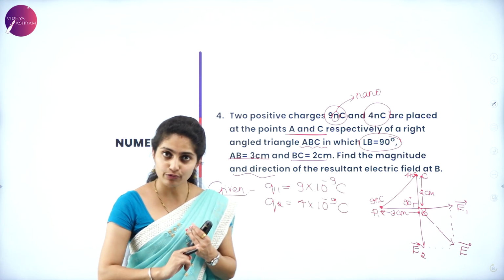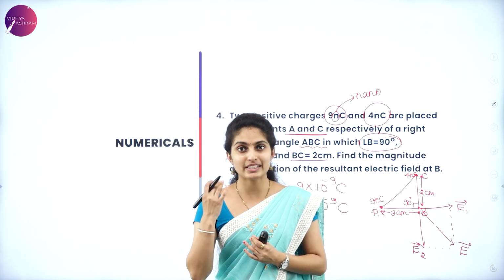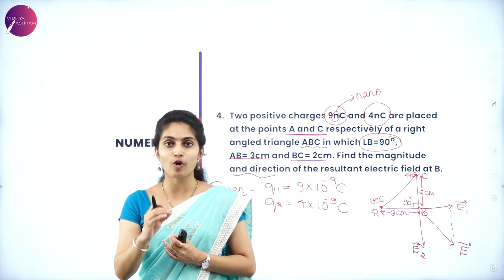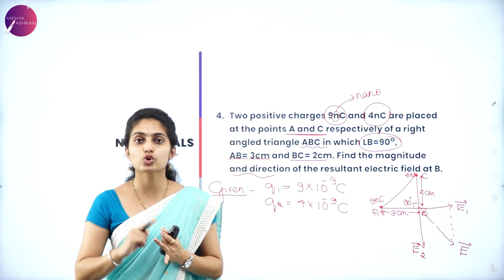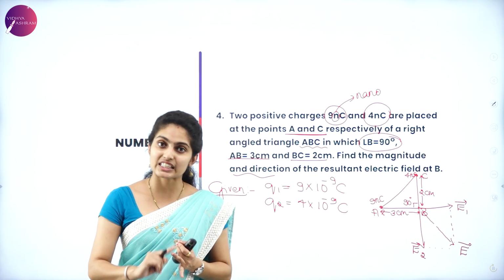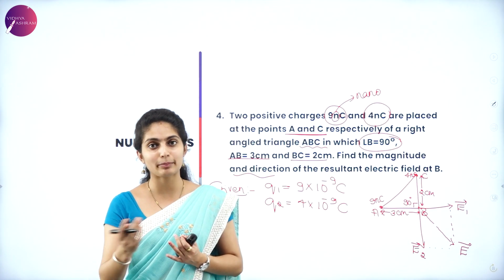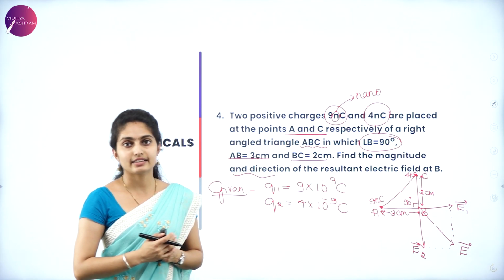In order to find the magnitude as well as direction, we take up the parallelogram law formulas, that is the tan formula, as well as the resultant vector R is equal to root of a square plus b square plus 2ab cos theta. That is how we identify the resultant electric field.